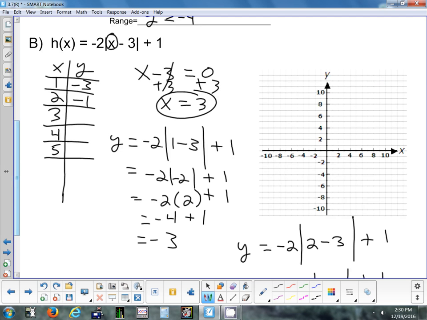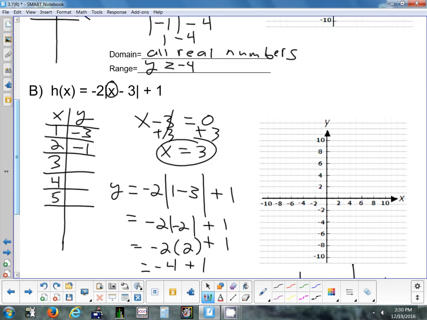You've got to be careful with our arithmetic here. Where else are we going to see this -1? At 4. And what about the -3? At 5. What's the last value for x I have to plug in?